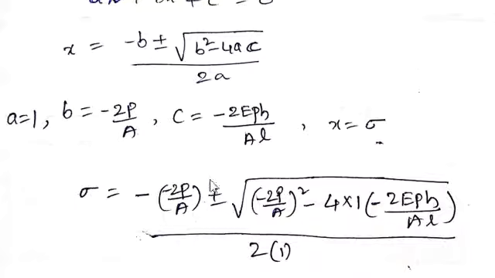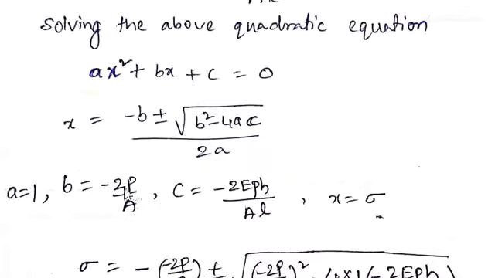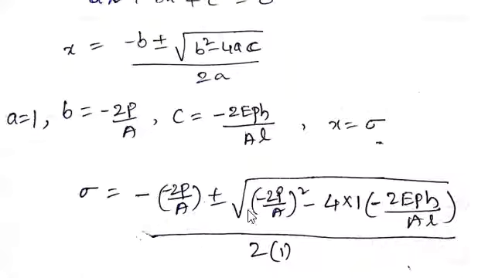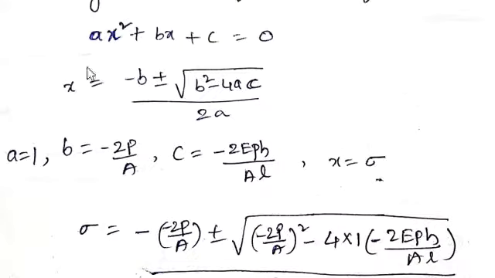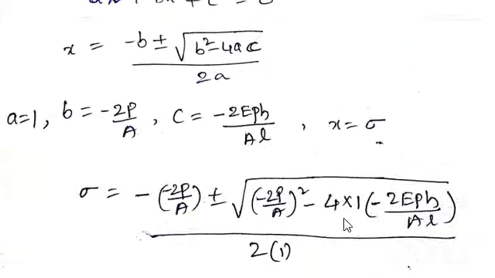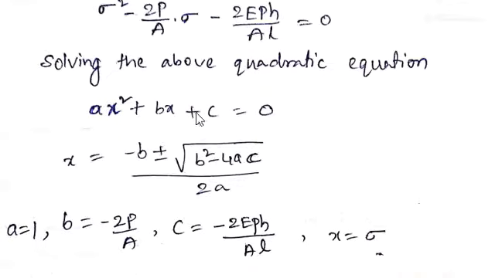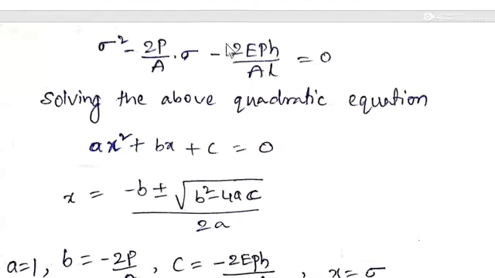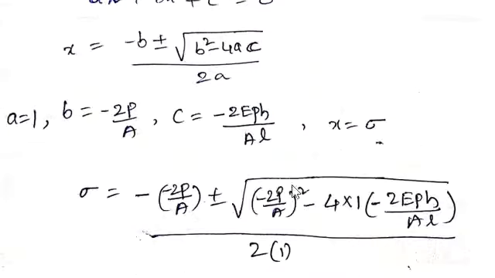In place of minus b we have 2P by A, plus or minus under root of b square, that is minus 2P by A whole square, minus 4. In place of a we have 1, and in place of c we have minus 2E Ph by AL, all divided by 2 times a, which is 1.